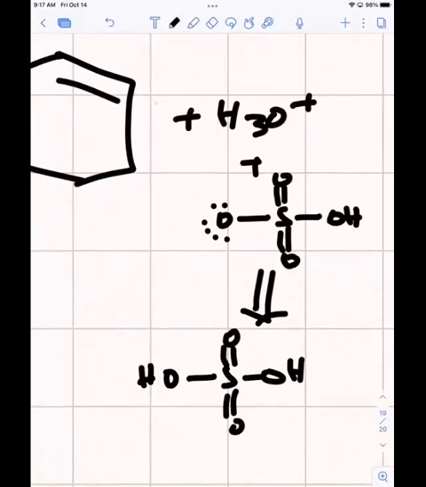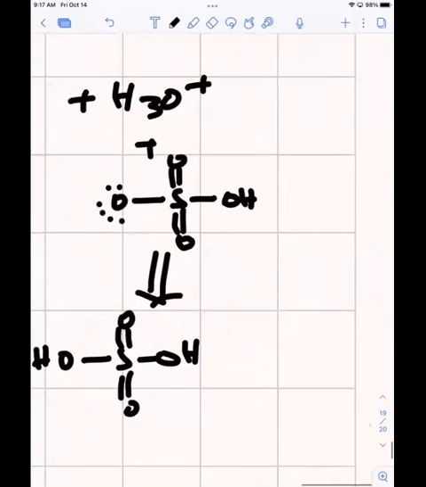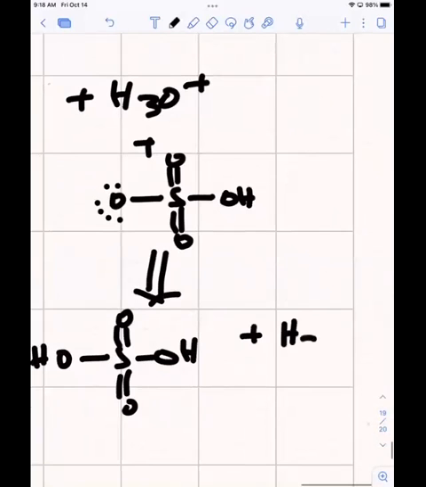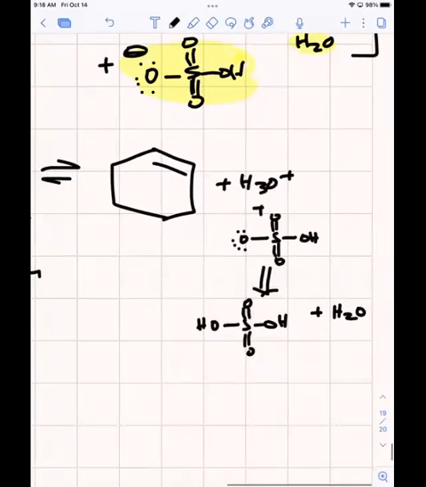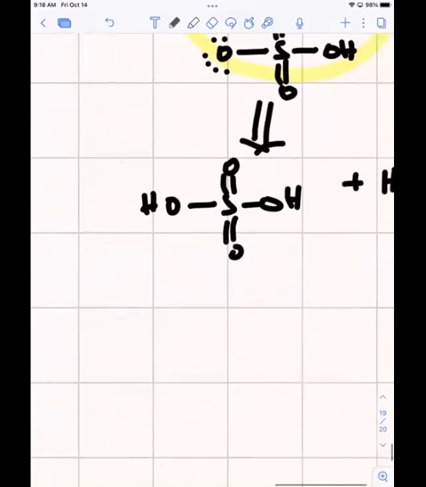So anytime you use a catalyst, it always gets regenerated. You never use it up. So this is H2O. So these two will eventually do a proton transfer with each other and get back to the starting acid.